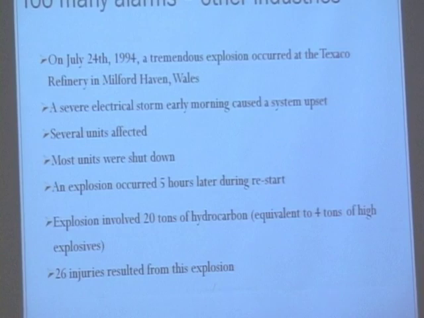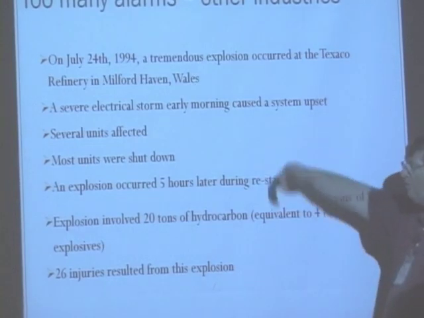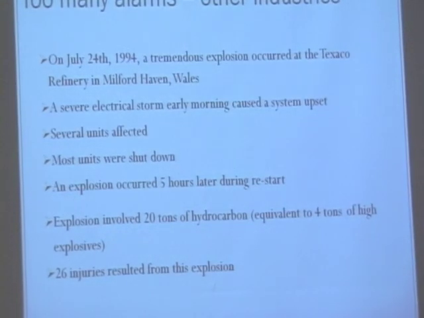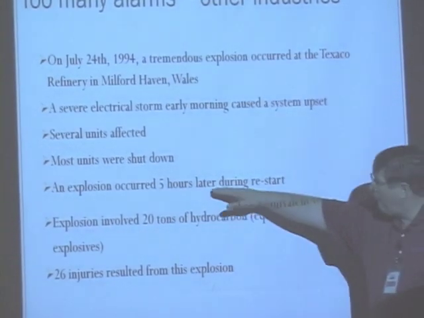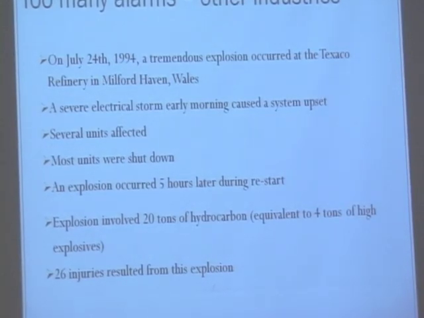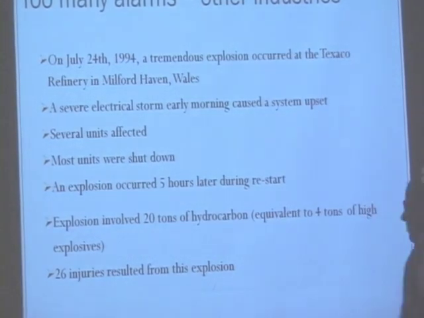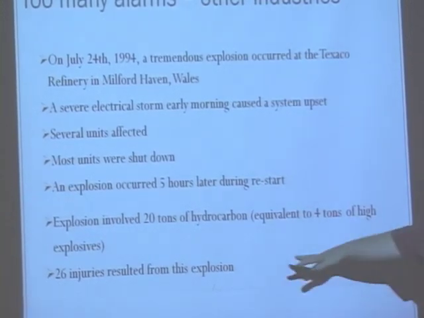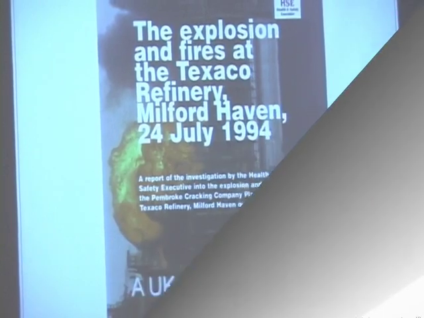Several other units were affected because the crude unit is the main feed unit for a lot of these other units. So most of the units went into a shutdown mode. About 5 hours after this initial incident, there was a large explosion. The explosion involved 20 tons of hydrocarbon, equivalent to 4 tons of high explosive. There were 26 injuries. This could have been a lot worse.